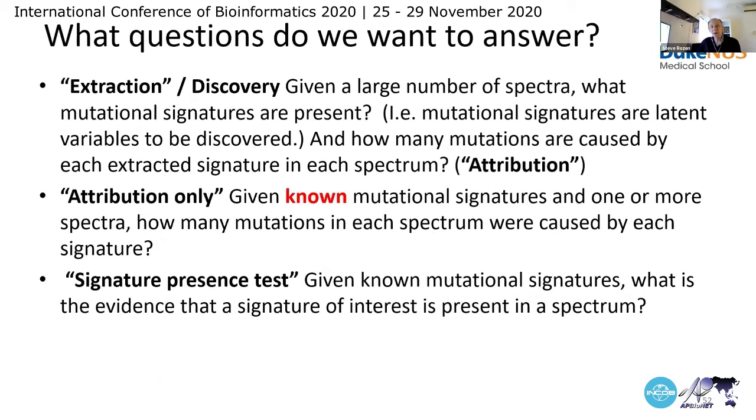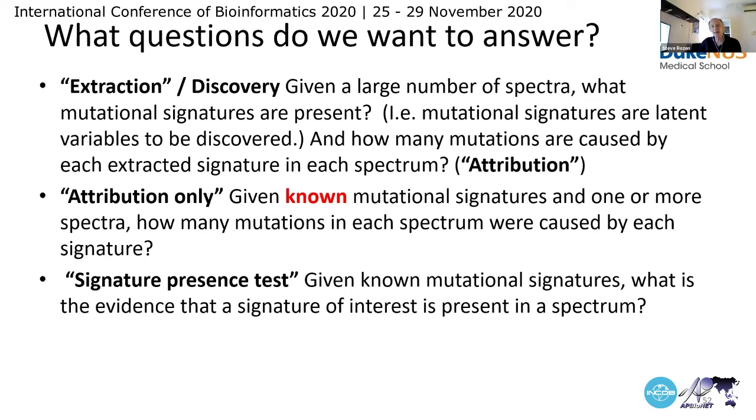Remember we talked about extraction and discovery, but that actually requires a lot of computation. And I think not that many groups are going to be involved in extraction and discovery. I think many more groups are going to be sequencing 100 tumors or something like that, and they're just going to want to know what known signatures are present in these tumors.